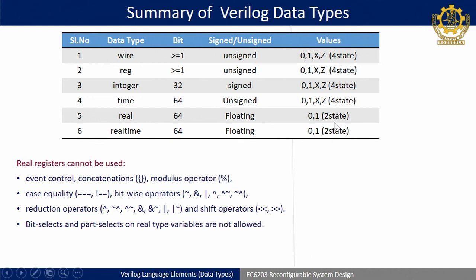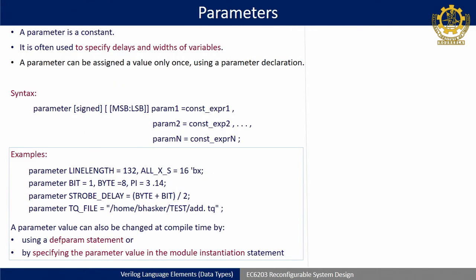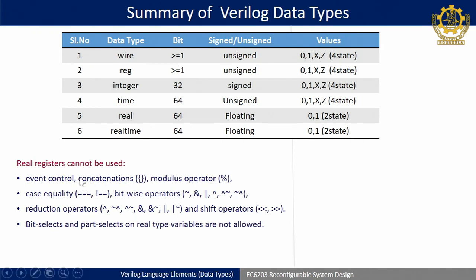So, it is a 2 state logic, and the rest are all 4 state logic. Apart from that, real and real time are again 64 bit floating point. Real registers cannot be used in many contexts like concatenation, modulus operator, and case equality. So, take note of all these things while doing simulations; you can observe them.